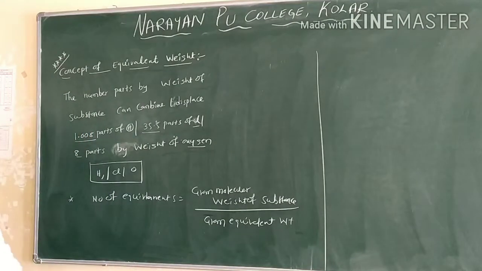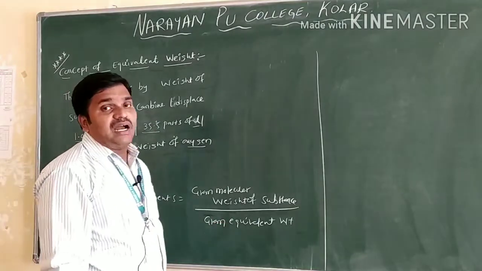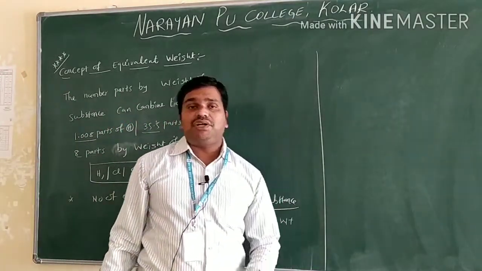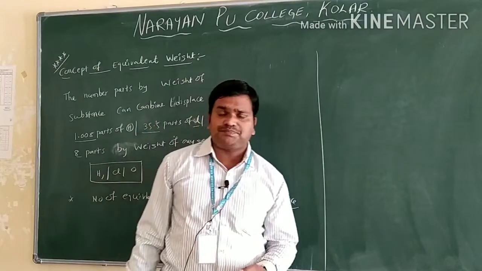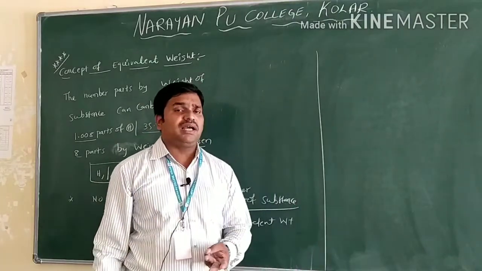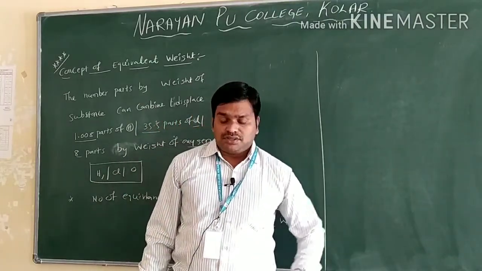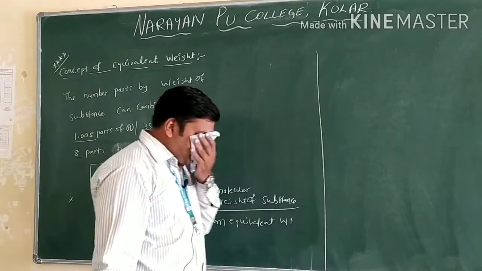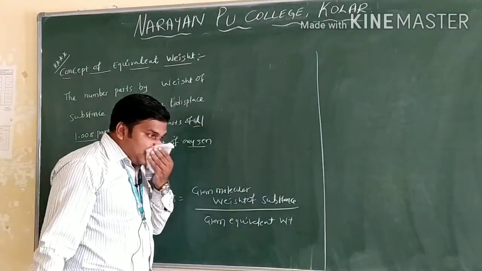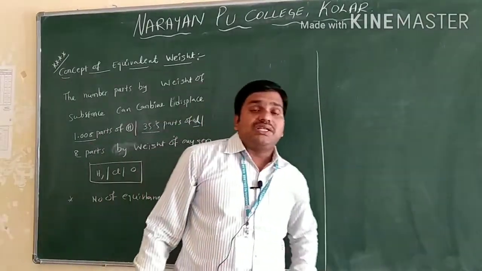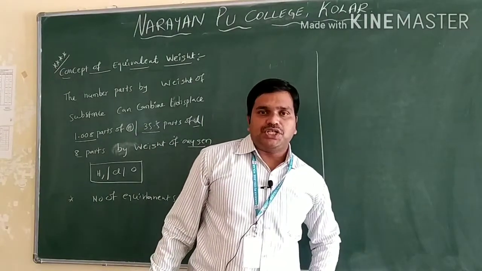This is the formula. Gram equivalent weight we can find out for elements, for acids, for bases, and for oxidizing and reducing agents.